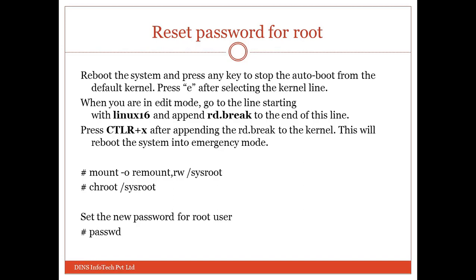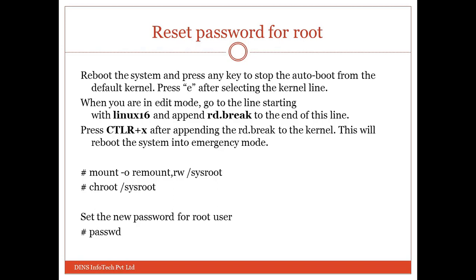So we'll restart the system. When the operating system choice menu gets displayed, we'll press E. Then we'll find the line starting with linux. At the end we'll append rd.break. rd.break means we are logging in through emergency mode. And we'll press Ctrl X.